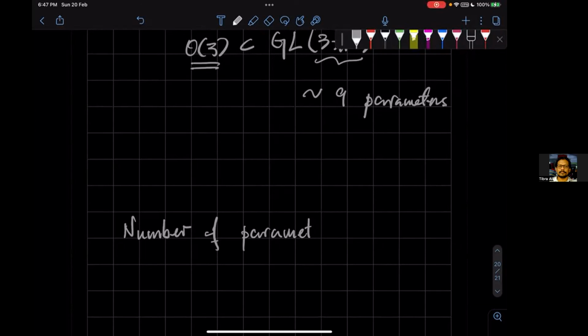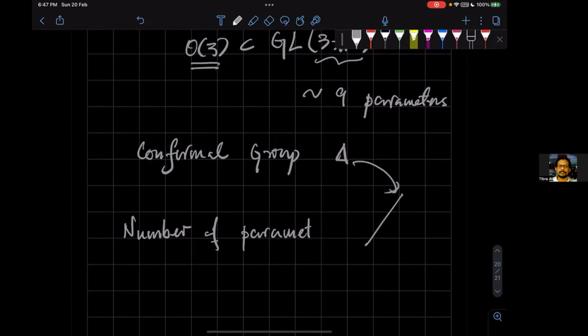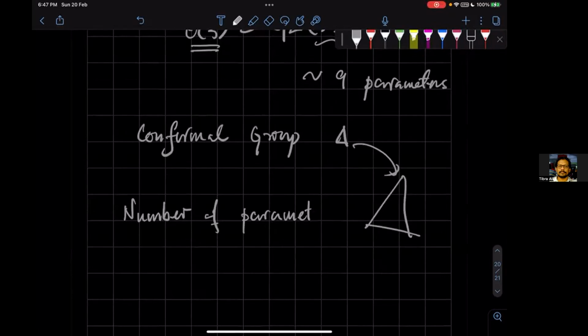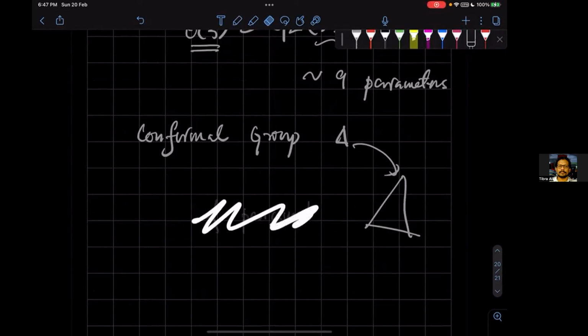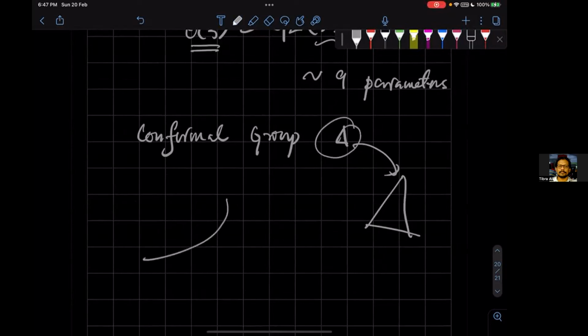And such a group of transformations is called the conformal group.